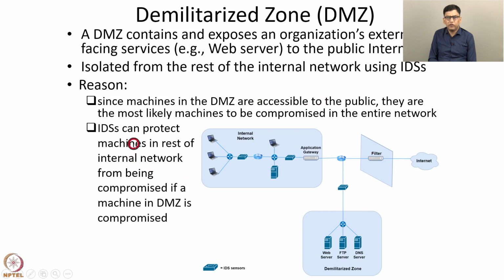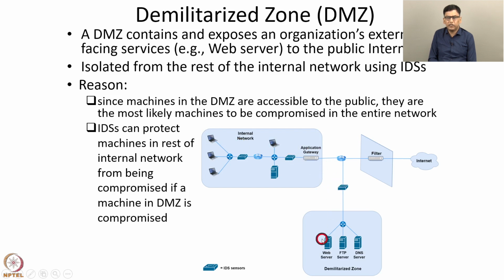The IDS can protect machines in the rest of the internal network from being compromised if a machine in the demilitarized zone is compromised. So suppose this web server gets compromised, then the malware that has infected this web server may try to spread itself by sending information to hosts in this high security region, but then those packets will be blocked by this IDS sensor and or this IDS sensor.